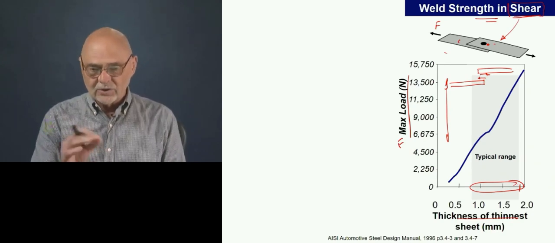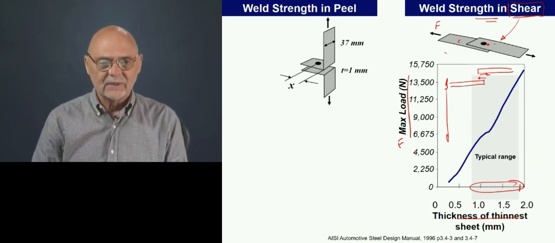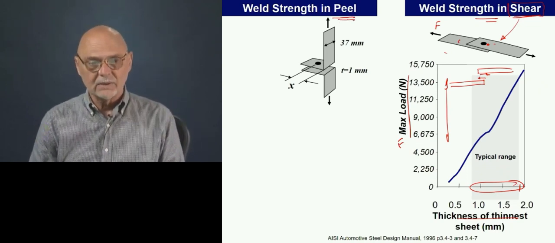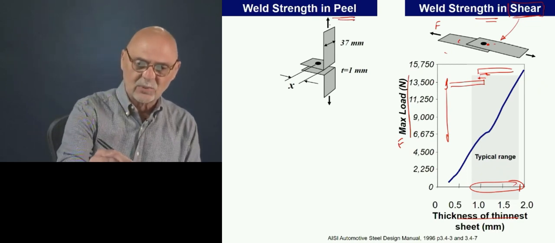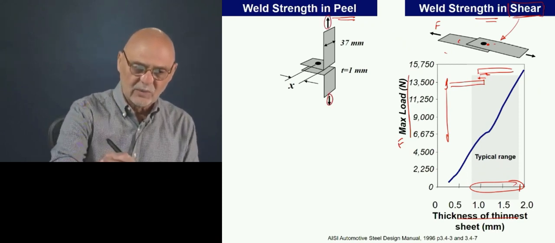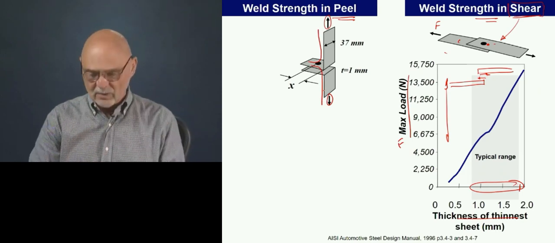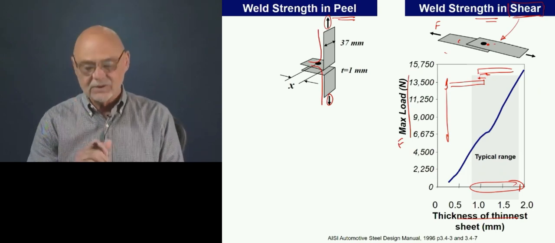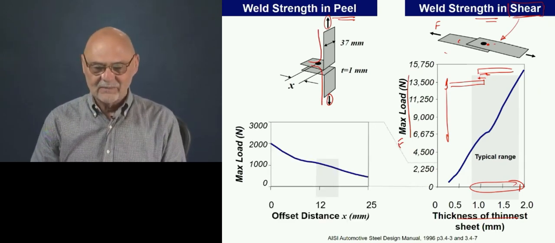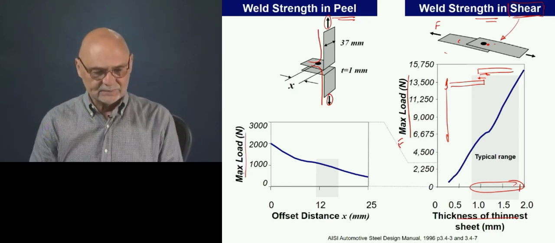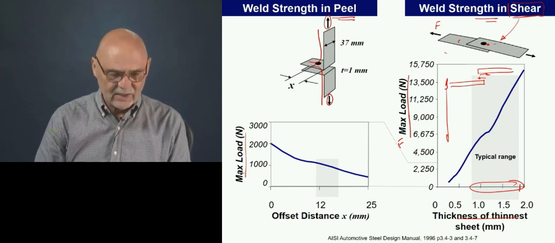Another kind of spot weld joint is called a coach joint, or the joint is in peel. You can imagine that as we pull up on the metal here, we're trying to pull this away like this. We're peeling the spot weld. And this performs much, much, much worse than the other case. Here is the maximum load that we can carry.